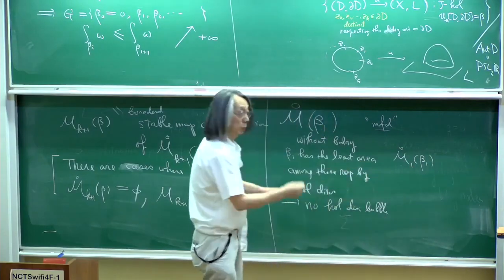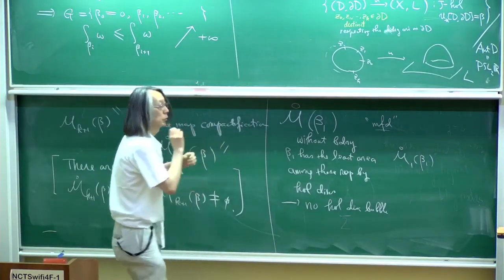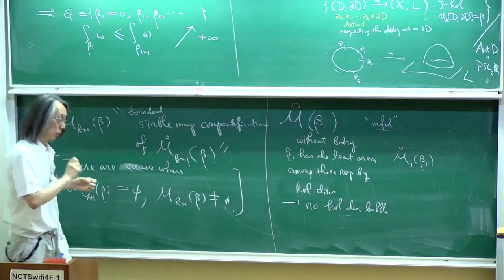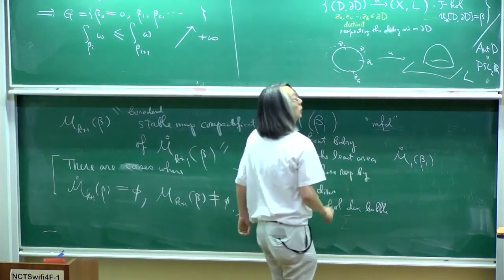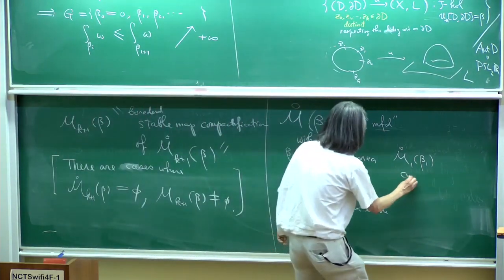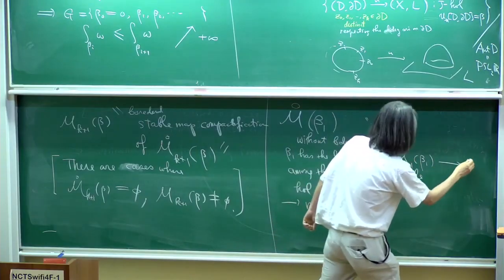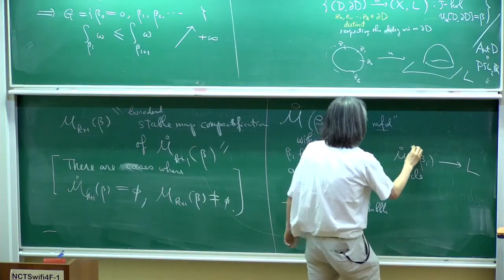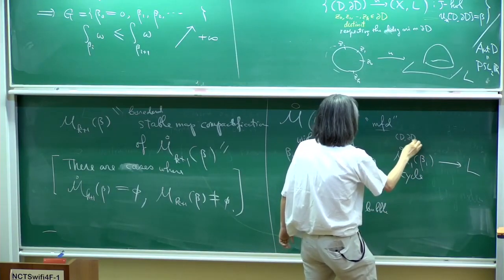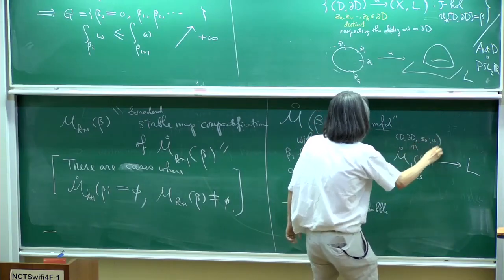So here I put one marked point on the domain, on the boundary. So I have a disk and then put one marked point on the boundary. And the boundary is actually a circle. It's also compact. So therefore, this is also a cycle. If you take the mapping here, this is a mapping from D, and then I have one marked point z_0, and then I have a map u, right?